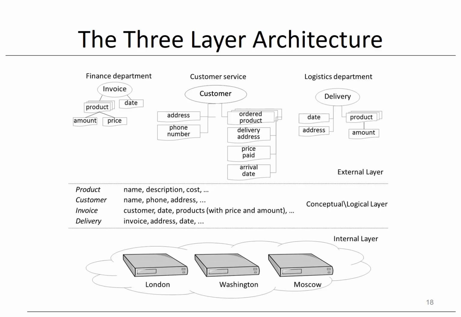The external layer has three views offering specific information to the finance, customer service, and logistics department. This three-layer database architecture has several advantages in terms of efficiency, maintainability, performance, security, etc.